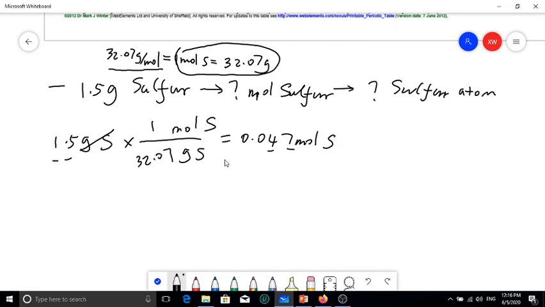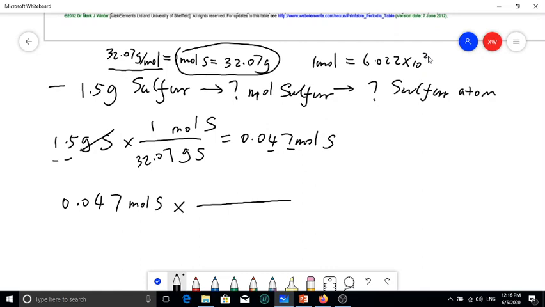And the next one is going to be, from the mole of sulfur, find the number of atoms. So 0.047 mole of sulfur times. Now here the conversion between the number of moles and the number of atoms is going to be 1 mole of things will be 6.022 times 10 to the 23rd atoms of sulfur, 1 mole of sulfur elements. So now the conversion factor will look like this.